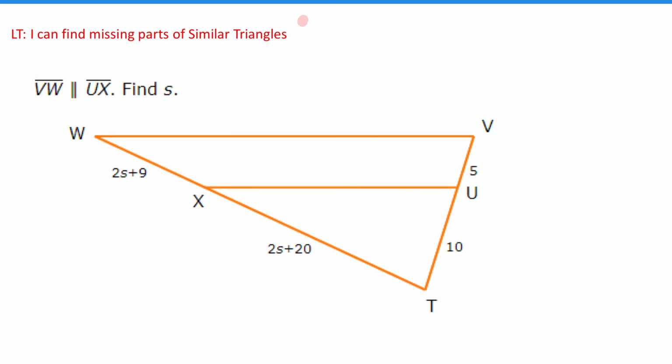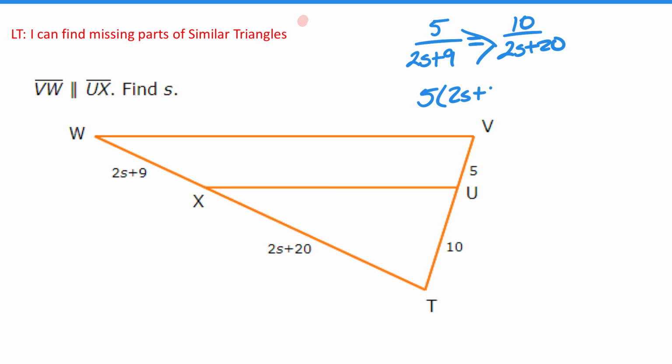So in this one, we're still going to set it up like a proportion. 5 is to 2s plus 9, as 10 is to 2s plus 20. We still cross multiply both sides, just like that. We'll have the distribution happening.